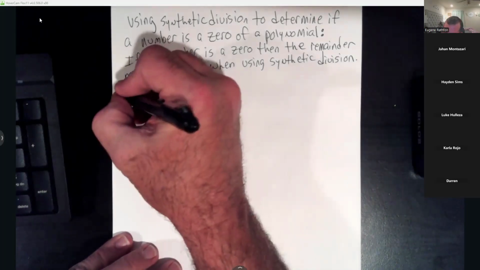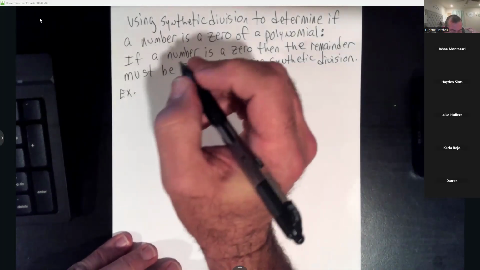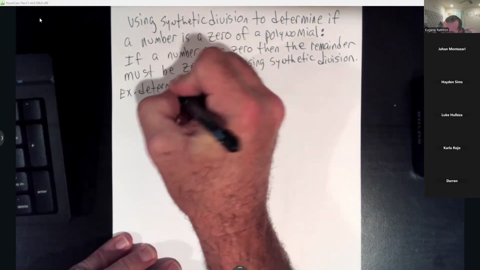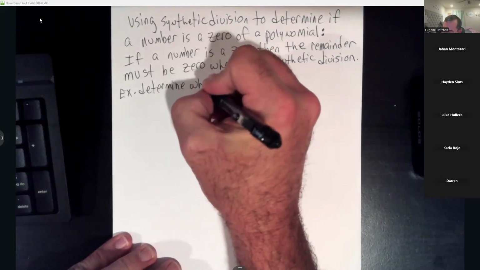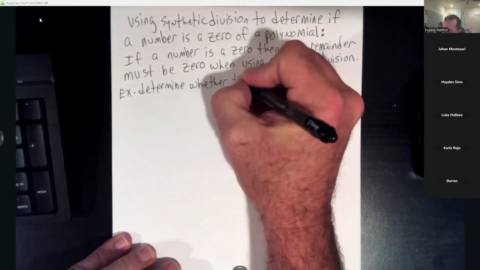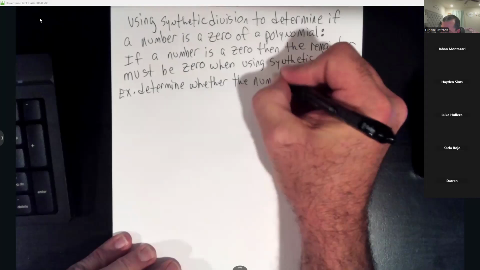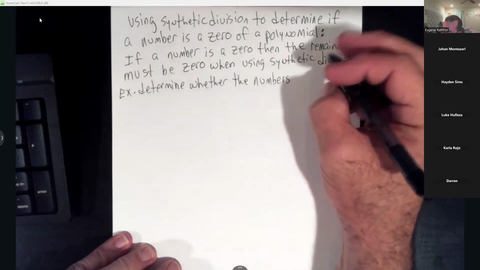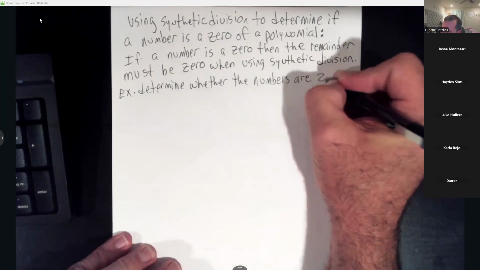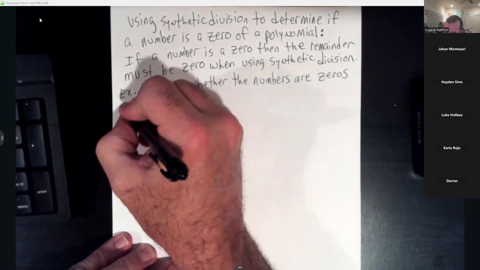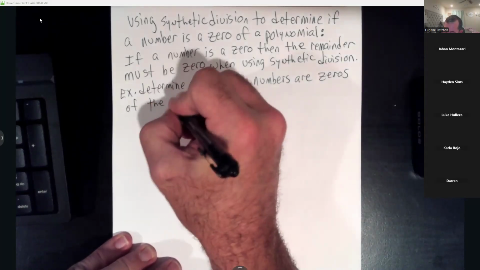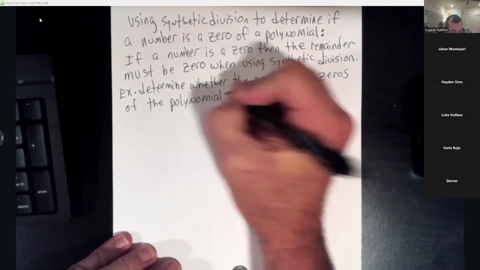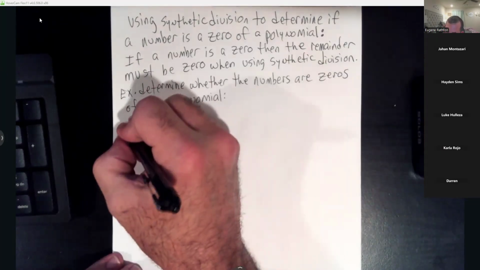All right, so on these examples, they want to determine whether the numbers are zeros of the polynomial. All right, so these will start at 3.